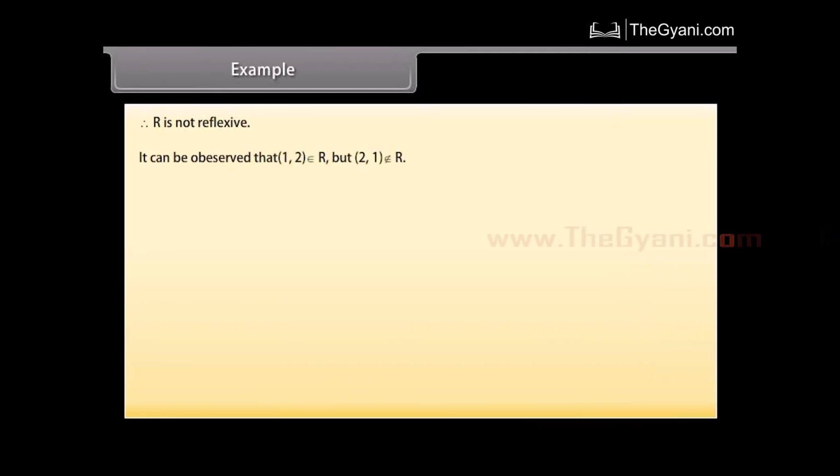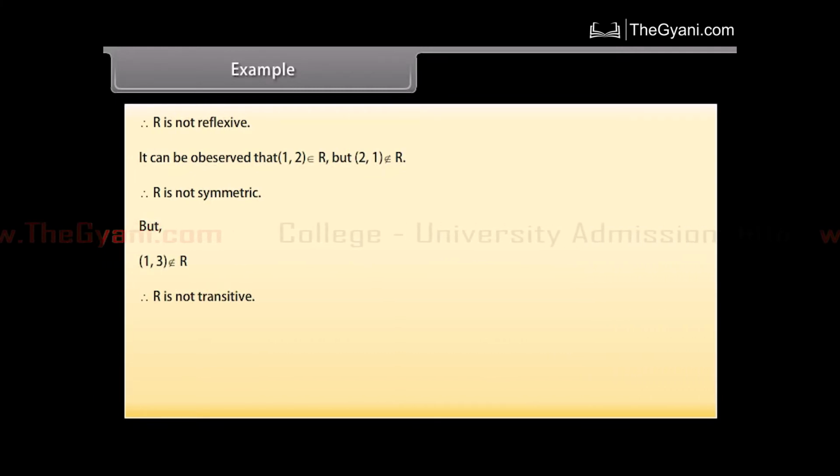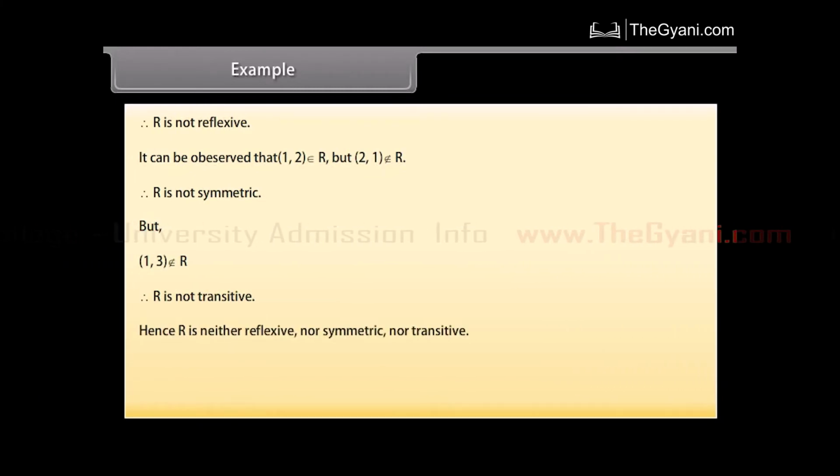It can be observed that (1, 2) belongs to R, but (2, 1) does not belong to R. Therefore, R is not symmetric. But (1, 2) and (2, 3) belong to R, while (1, 3) does not belong to R. Therefore, R is not transitive. Hence, R is neither reflexive, nor symmetric, nor transitive.